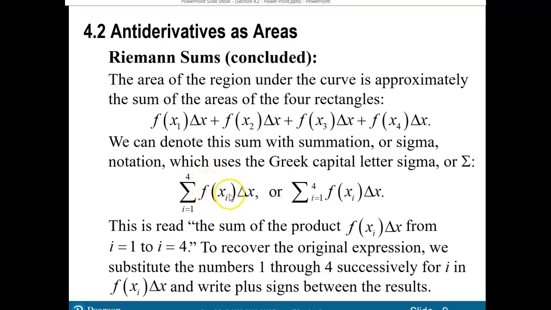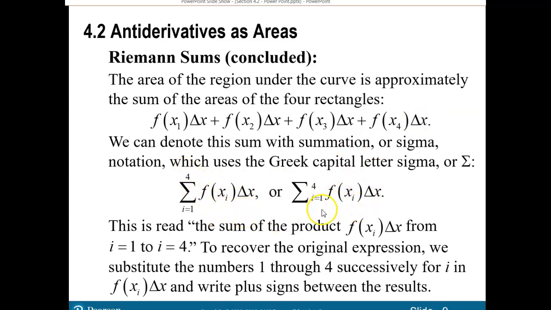So we're going to do f of x sub I times delta x, meaning if I start by plugging in a 1, I get f of x1 delta x. Sigma means I sum, so I add, then I plug in a 2 and I get f of x2 delta x. Then I plug in a 3 and I get f of x3 delta x, and then I plug in a 4 and get f of x4 delta x. And I stop at 4 because that's the top number.